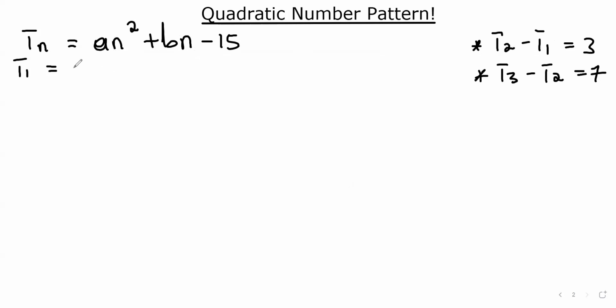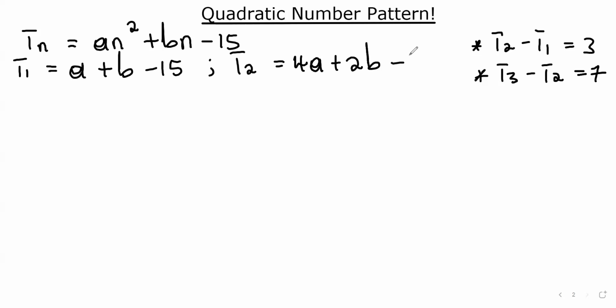So 1 squared is 1. It means for this one, we have a plus b minus 15. All right. Then we find term number 2. Well, 2 squared is 4. So we have 4a plus 2b, and then minus 15.